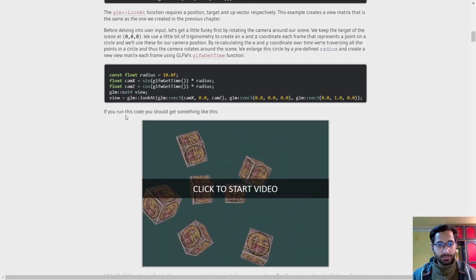The x is the sin of glfwGetTime, multiplied by the radius.